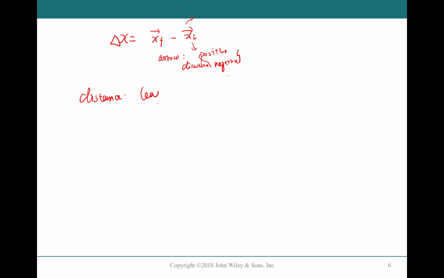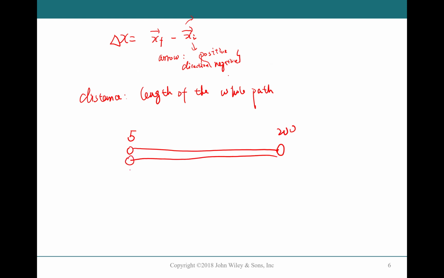Distance is the length of the whole path. Okay, the length of the whole path. So if the object goes from 5 and then goes to 200 and then decides to roll back to 5 meter, we know the displacement is 5 minus 5, which is 0.